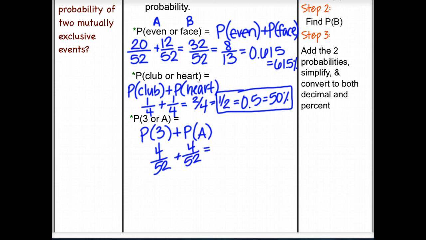And I know that's 8 out of 52. And both of those are divisible by 4. 52 divided by 4 is 13. 8 divided by 4 is 2. 2/13. If I take 2 divided by 13, I get 0.1538. So I would put 0.154. And that's equal to 15.4%.